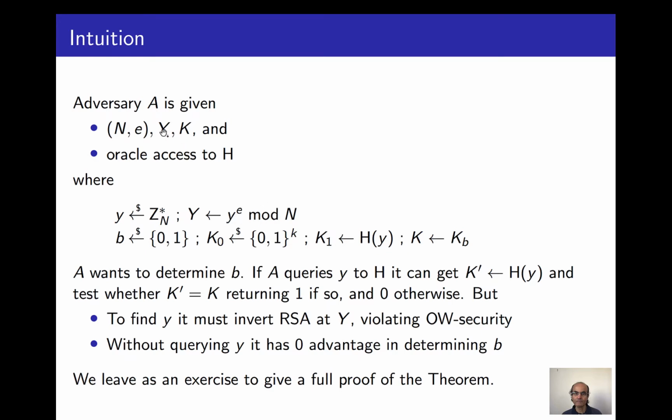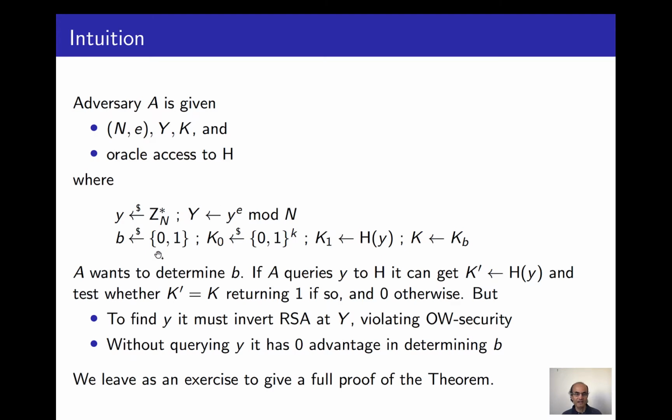Along with that ciphertext, which results from the single enc query A is allowed, is the challenge key. Again, the challenge key, depending on the challenge bit chosen by our game, is either a random string, K0, or the random oracle hash function applied to this Y over here. And K is whichever of those two the challenge bit indicates. And again, the adversary has oracle access to the hash function H.